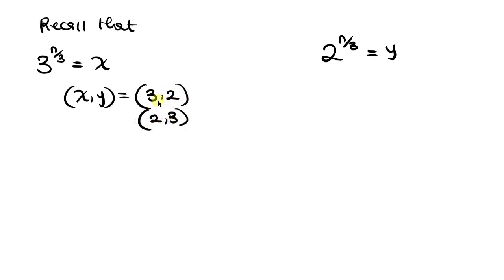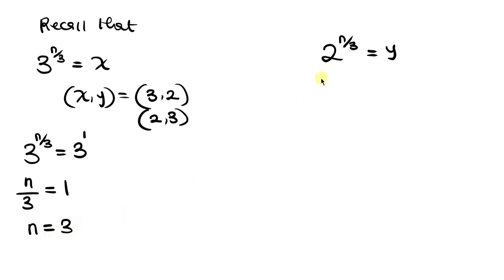So let's try for the first one. So this is 3 to the n over 3 equal to x. X here is 3. Now remember that this 3 is raised to the 1. And since the bases are equal, we can equate the powers. So n over 3 is equal to 1. So we'll cross multiply to get n to be equal to 3.